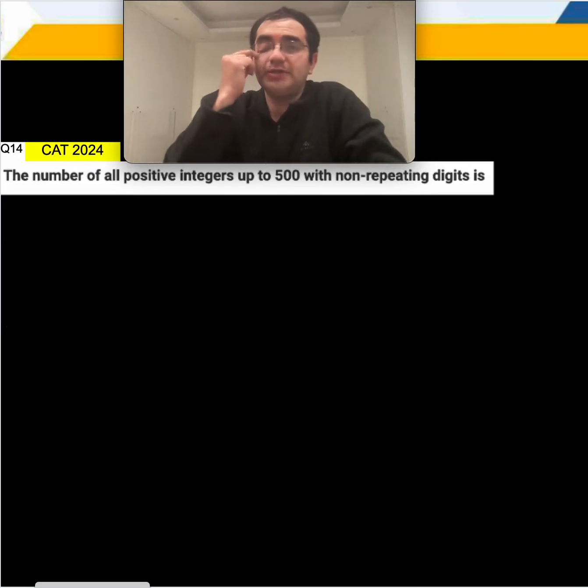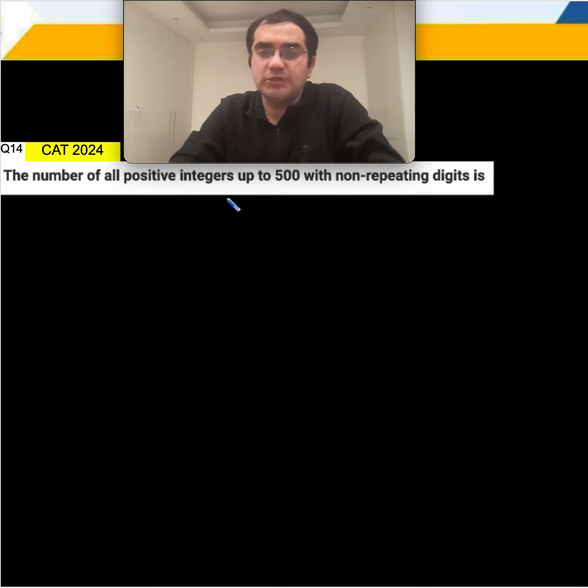Standard question on counting. This is a little risky because of the chances of getting it wrong, but you can spend 1.5 minutes and take the risk because it will not take much time. Number of all positive integers up to 500 with non-repeating digits. So you can take all the single digit numbers 1 to 9.